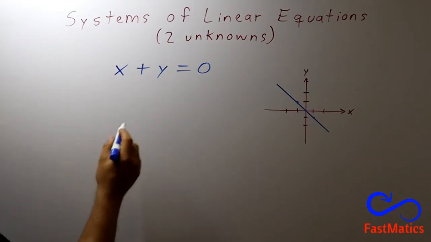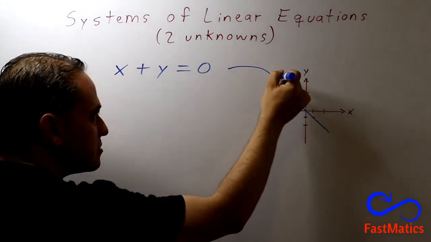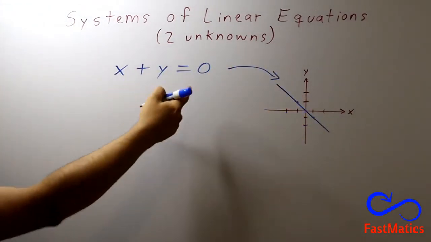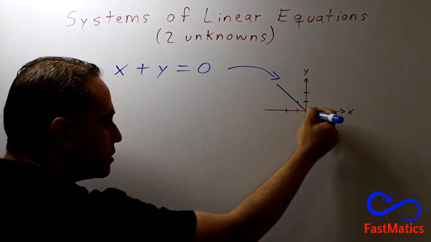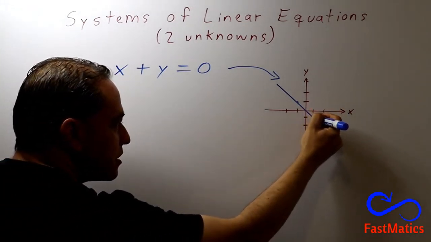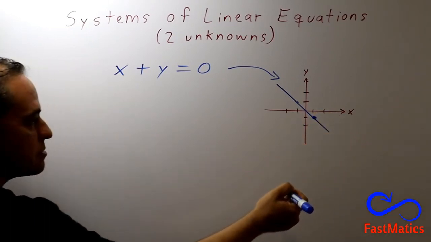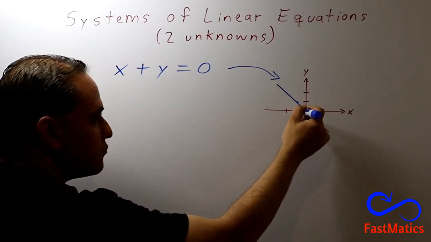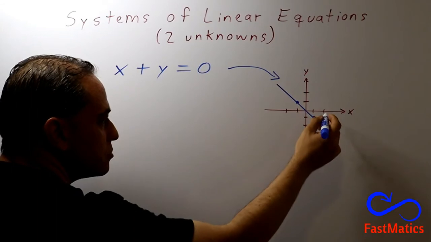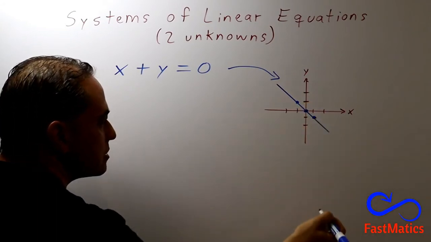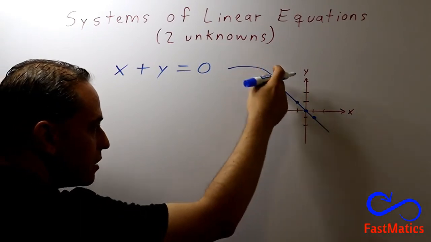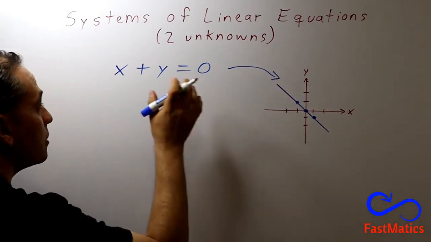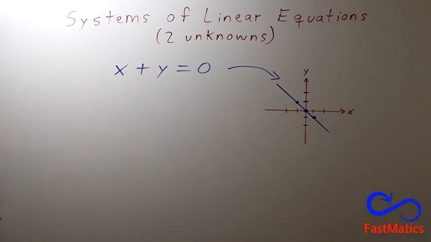I will tell you that this is the graph of this equation. So, for instance, the coordinate 1 with negative 1 is a solution. The coordinate negative 1 with 1 is a solution. 0 with 0 is a solution. All the points that are over the line are solutions of this equation.